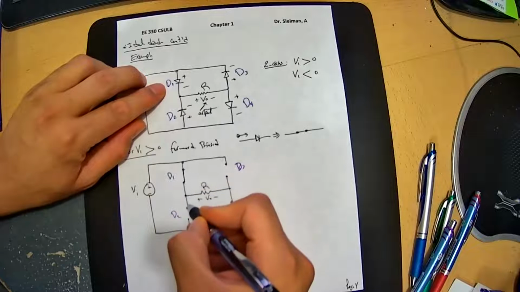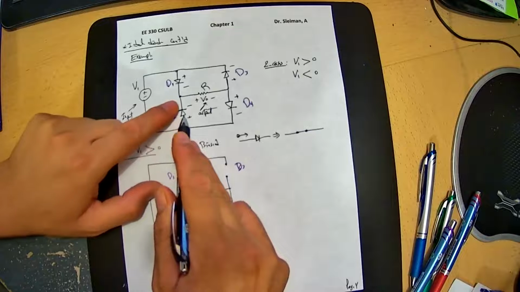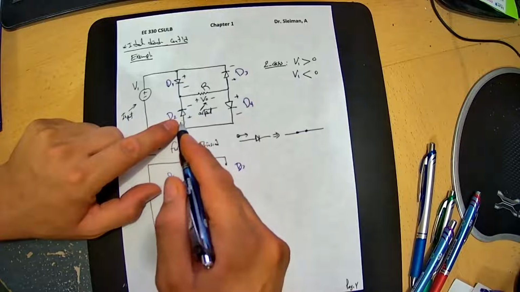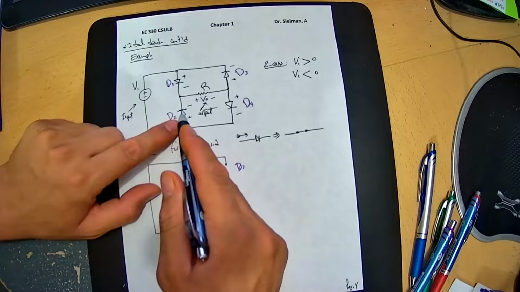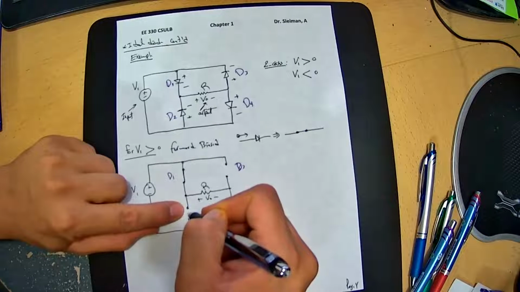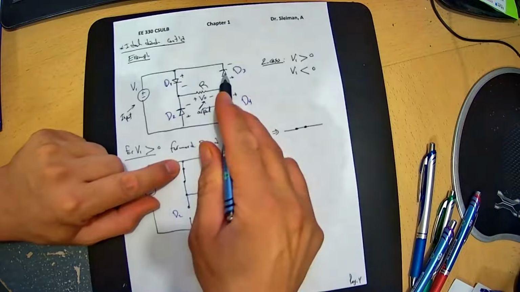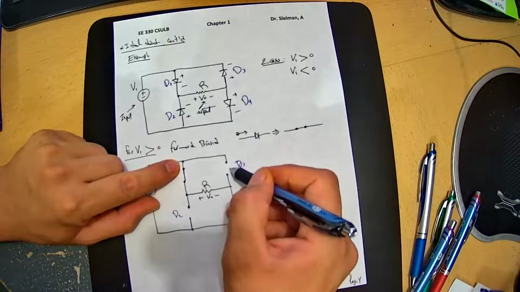So the current will continue, and it hits D2. For sure the current will be splitting, but still some current goes through here, it won't do anything because this is reverse bias, so this is open. Then the current passes through here, and this is reversed, so it will be open.